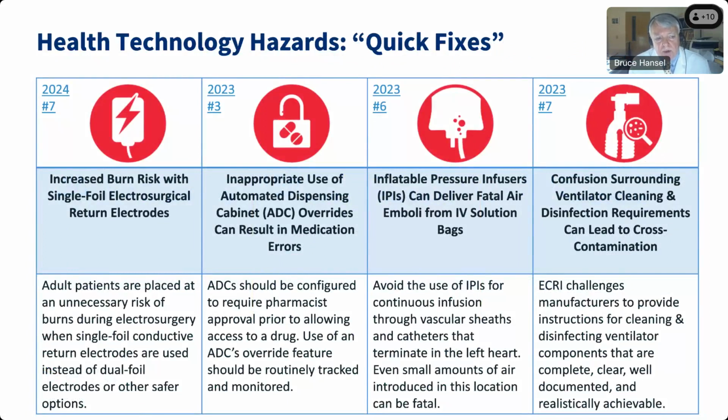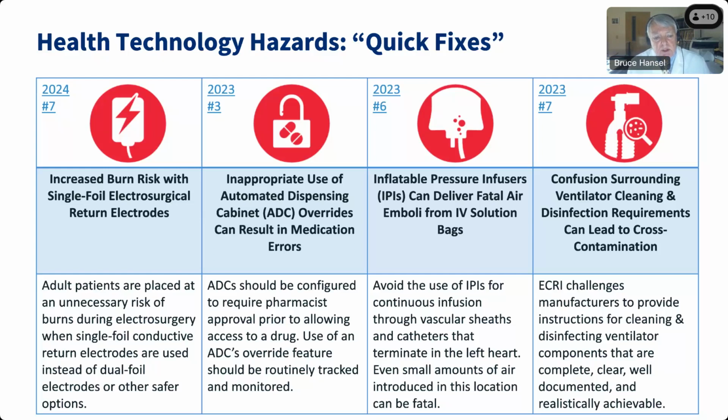So one example is reducing the risk of a return electrode burn by using dual foil pads and not using single foil pads, because dual foil pads have the capability of interfacing with an electrosurgical generator to allow it to know when the pad is coming off. So if a pad comes off, it reduces the surface area for current to get out of the body and increases the likelihood of a burn due to current concentration.